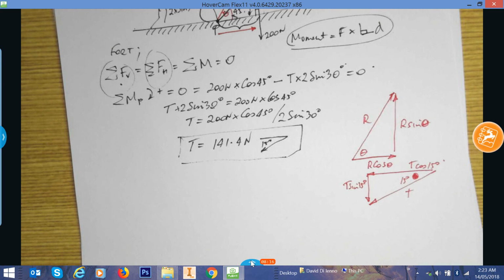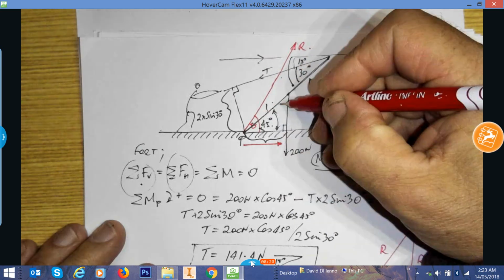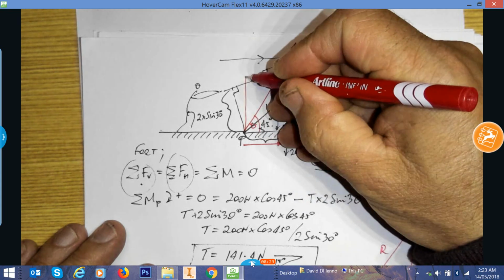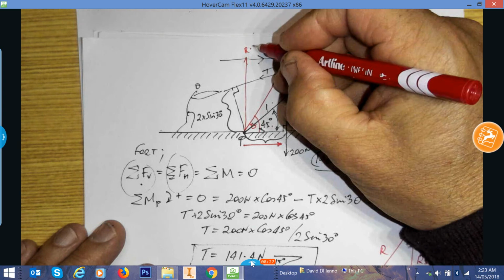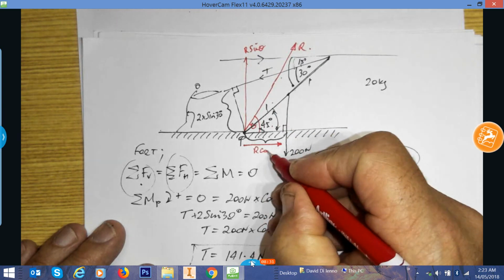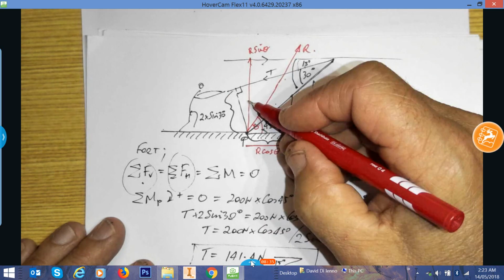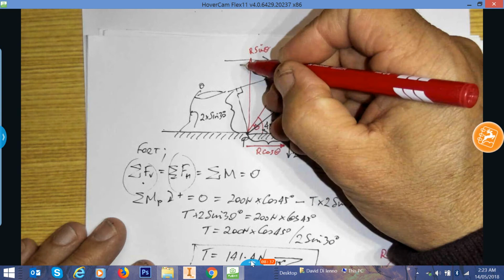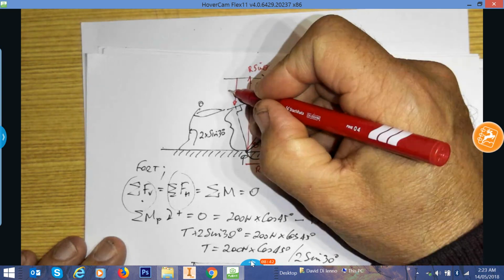Now, given that, let's draw them in. So here's R sine theta, and here's R cos theta. And for the tensile forces, we're going to have this one, which will be T sine 15 degrees.